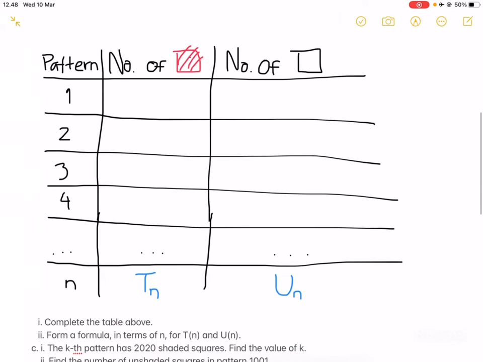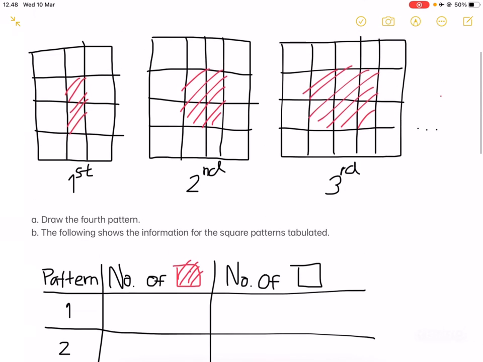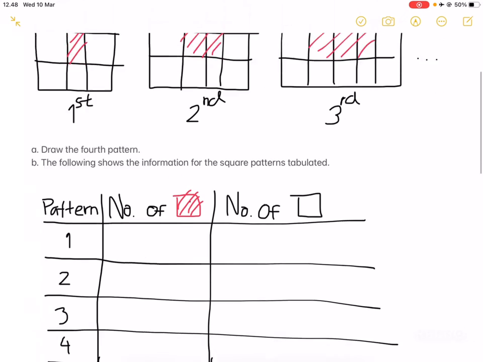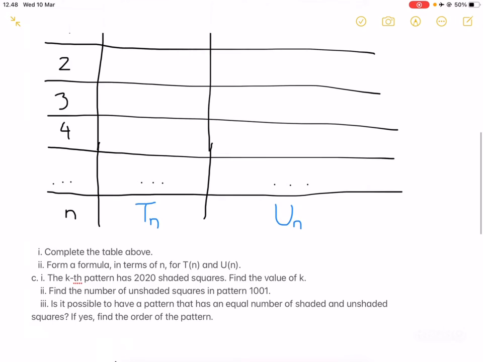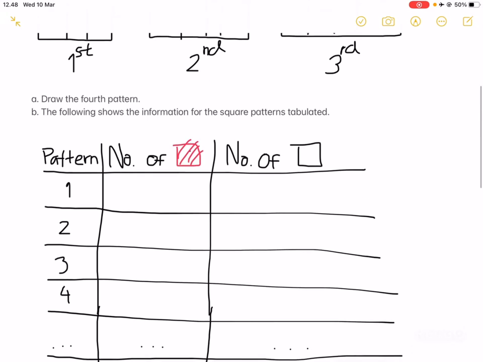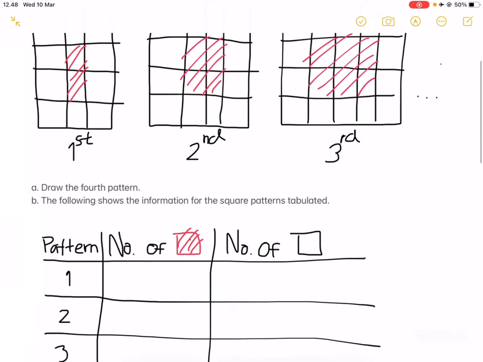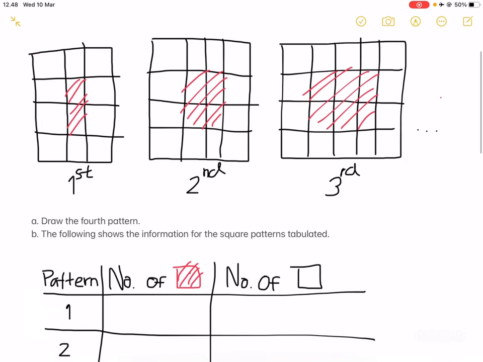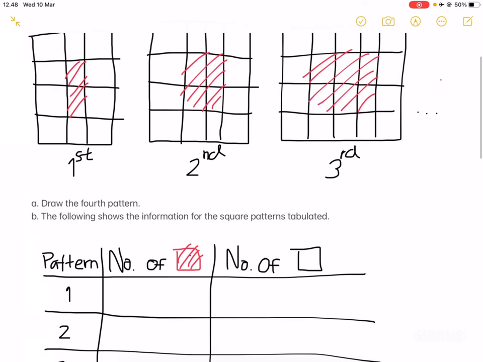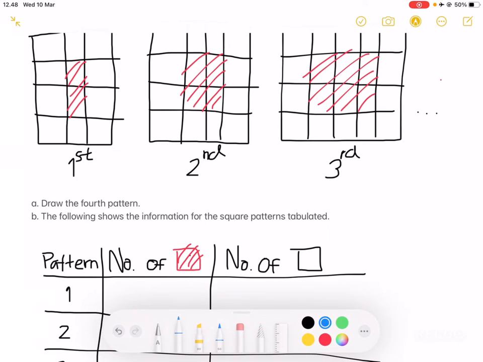So we have the pattern, and then the number of shaded squares and the number of unshaded squares. We need to complete the table above for patterns 1 to 4. And that's pretty simple. We can just look at each diagram and observe how many shaded squares and how many unshaded squares there are in each.